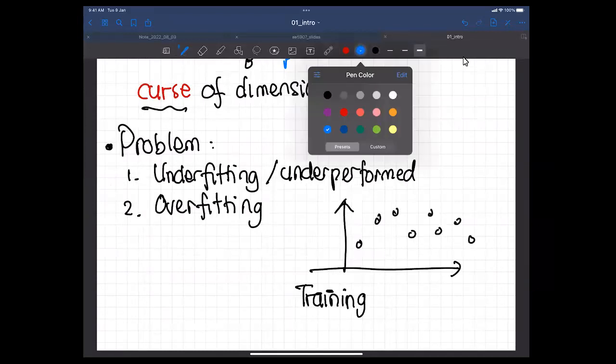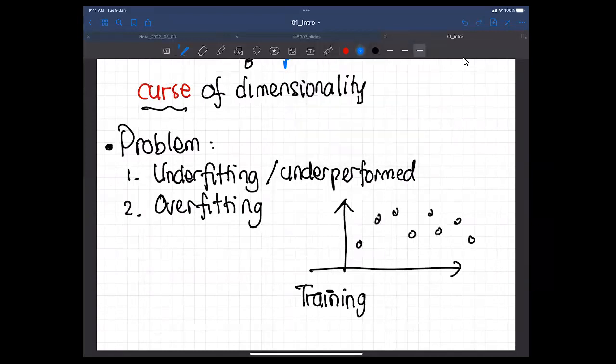The actual model should perhaps do something like this. This is the actual perfect fitting. Assume that the perfect fitting will be the blue one.